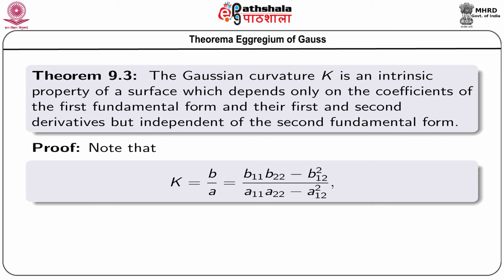We have obtained this relation earlier from the Gauss equation in the previous chapter. Just as I have mentioned, B is the determinant of B alpha beta and A is the determinant of A alpha beta. Obviously, A should not be equal to 0.